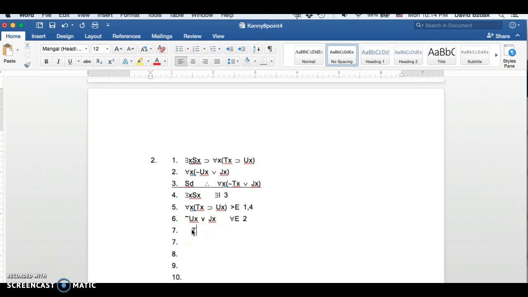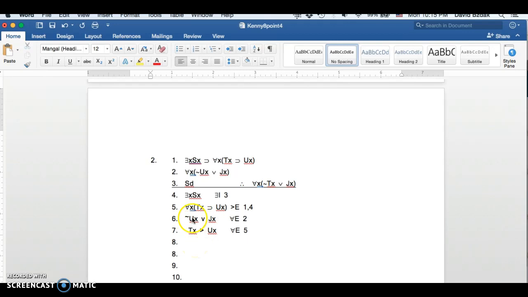We can do the same thing on line 5 and get Tx conditional Ux, and that's 5. And again, we're leaving those x's in because, to get our conclusion, we are ultimately going to do a universal quantifier introduction.